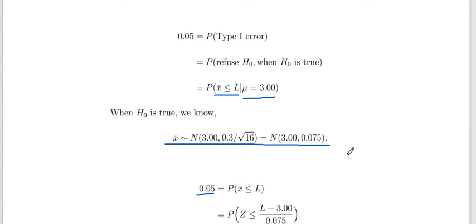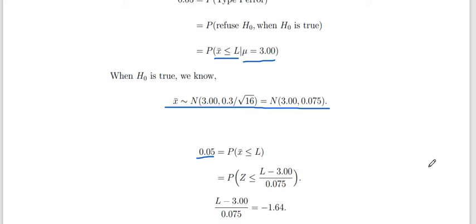For such a problem, at first we change to standard normal, change to Z. So Z less than this number has probability 0.05, and we need to find this number. Okay, so now let's check a standard normal.